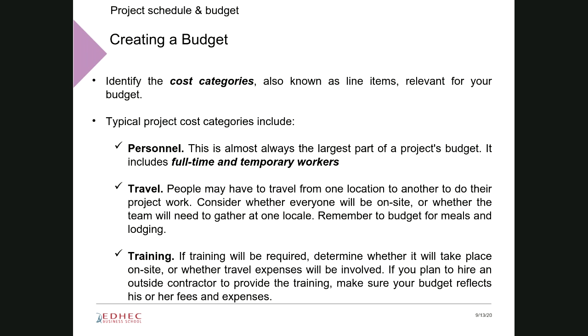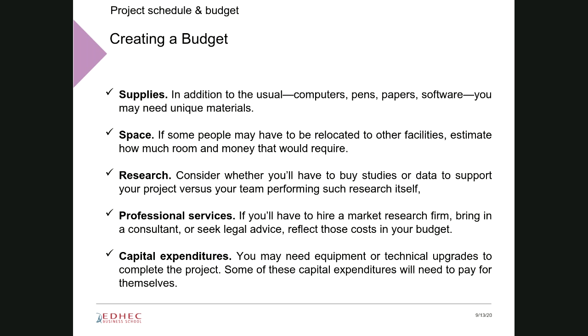Training, if training is required for your staff in order to deal with specific skills, this has to be integrated. Supplies, whatever supplies you need in order to complete your project, or even some kind of assets, equipment, space. So if some people may have to be relocated in other facilities, you need facilities to run your project, and this has to be integrated.